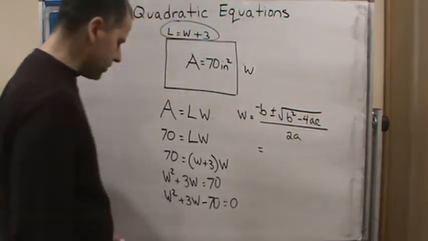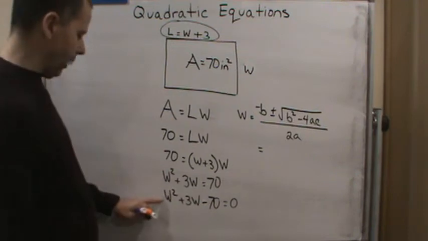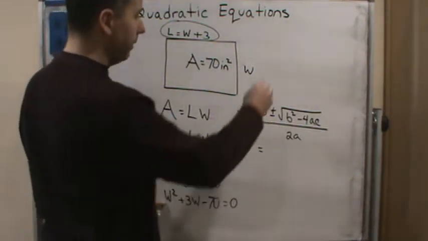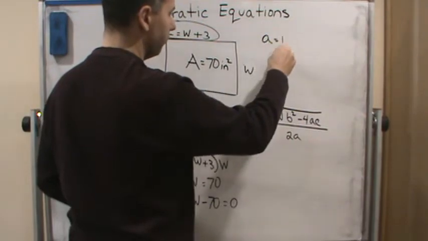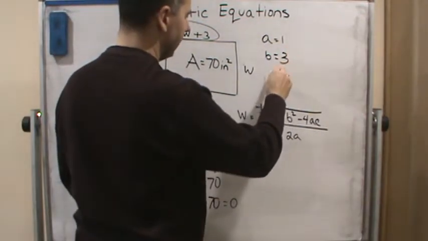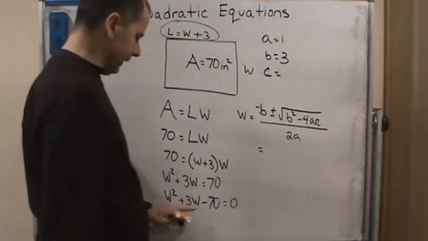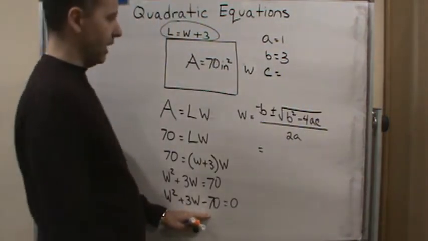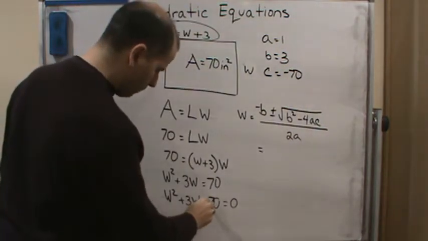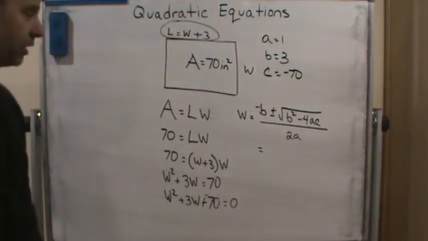And so now I just have to know what a, b, and c are. Here a is 1, b is 3, now be careful, c is negative 70. Again, change it to a plus negative if you wish.